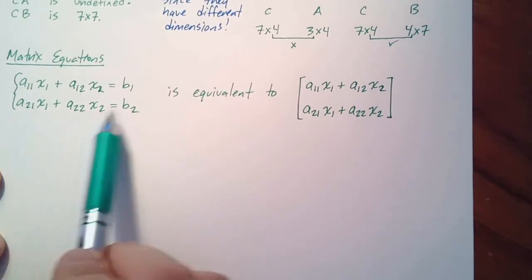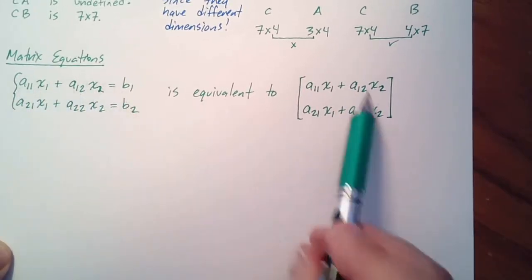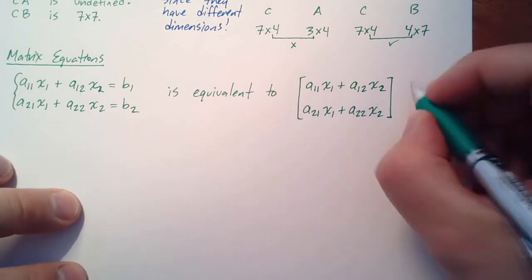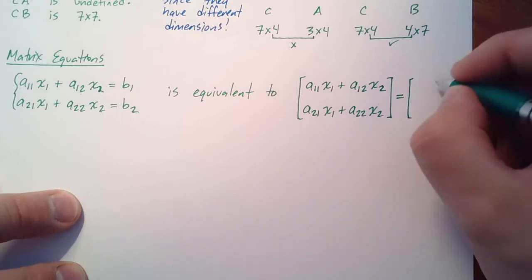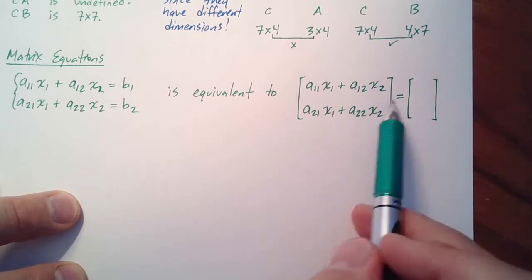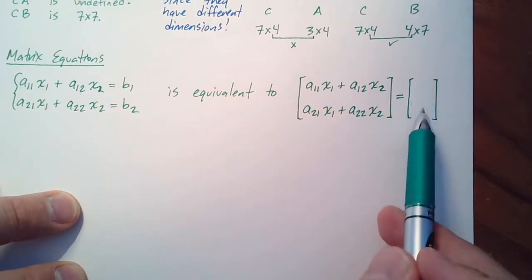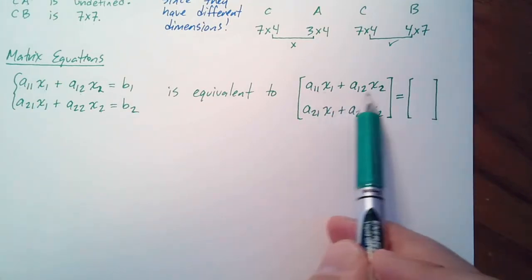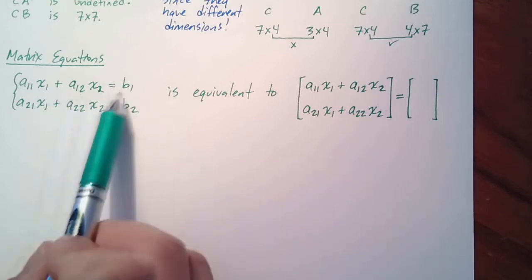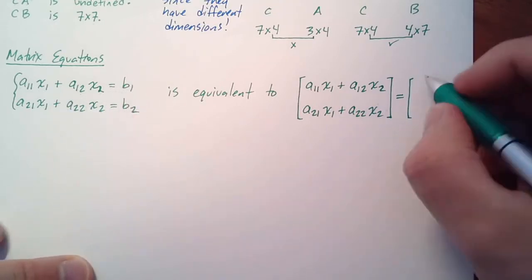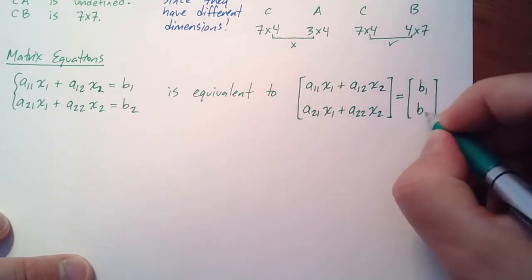So this linear system is not equivalent to this matrix. It's equivalent to this equation, which is going to involve two matrices, which are both 2x1. So if these are going to be equal, the things I put here and here had better be equal to what I've already put here and here. Well, these two equations tell me that b1 and b2 will work. So I can go like that, b1 and b2.